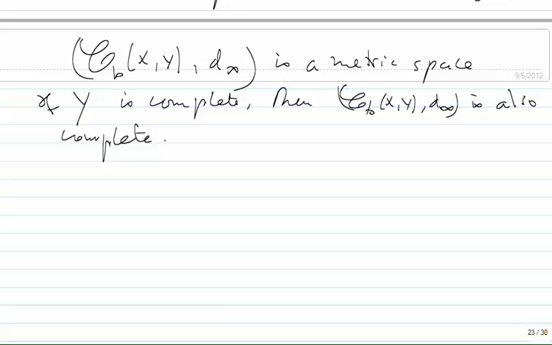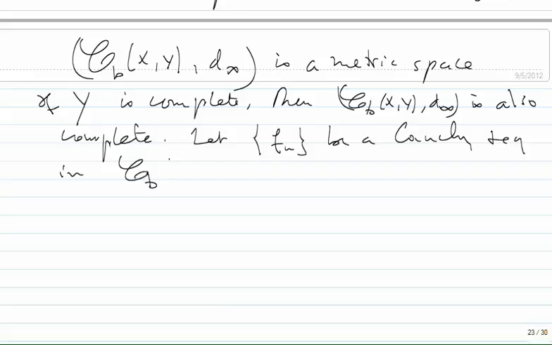So let f_n be a Cauchy sequence in C_B(X, Y). We want to prove that f_n converges to an element in C_B(X, Y).